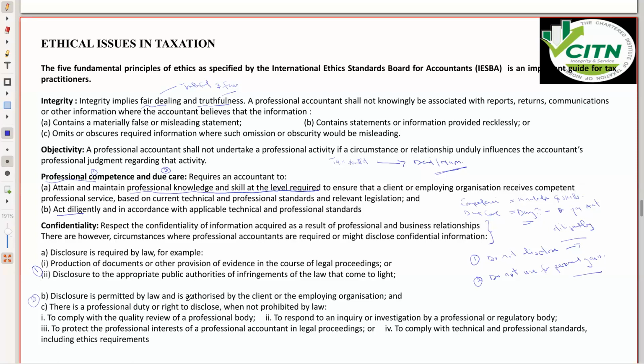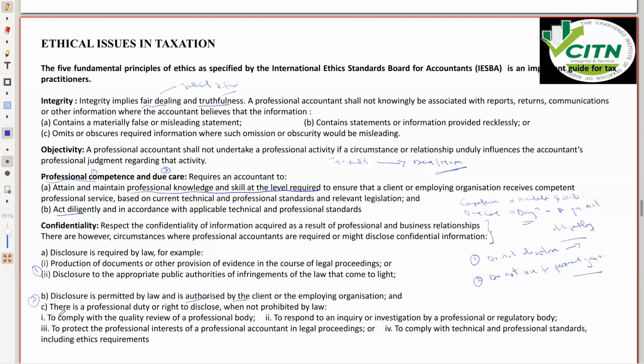And that request is authorized by the client. So in that situation, you are permitted to disclose. So that is the second scenario where we could breach a confidentiality obligation.